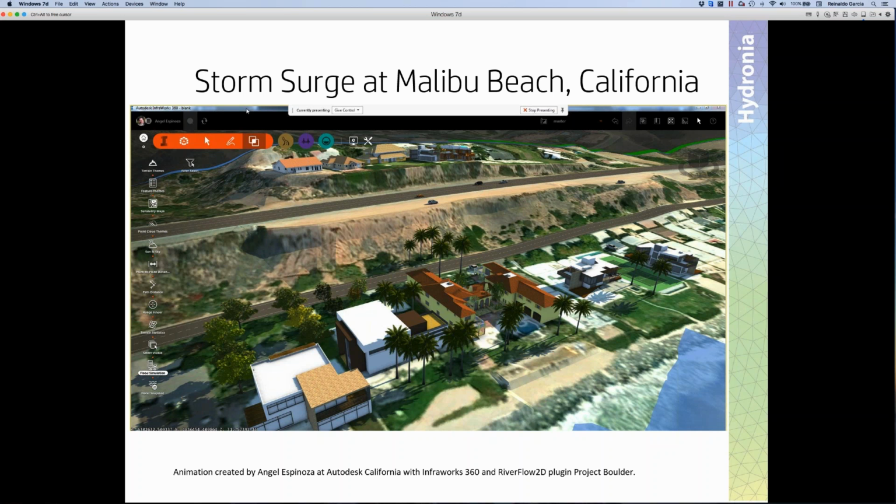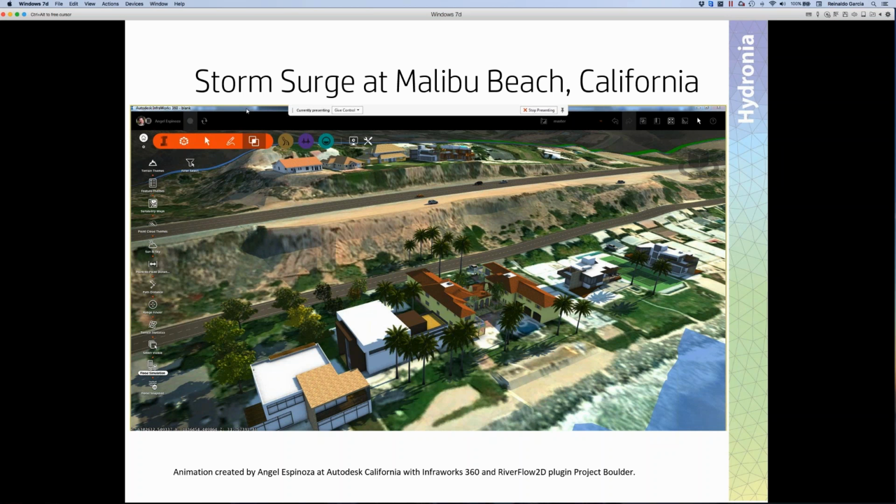So Project Boulder is a collaboration between Autodesk and Hydronia, and at this point is on the Autodesk Labs. So you are free to download. This is free until June, and is in an experimental state now. So it's being evaluated as a potential final release this year.